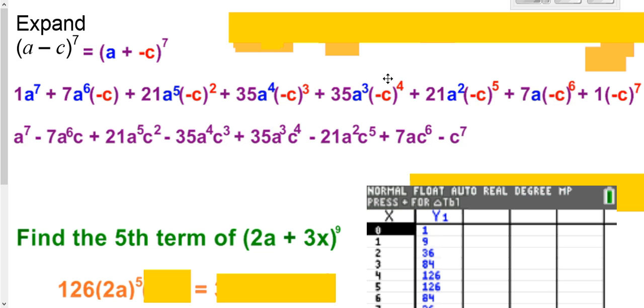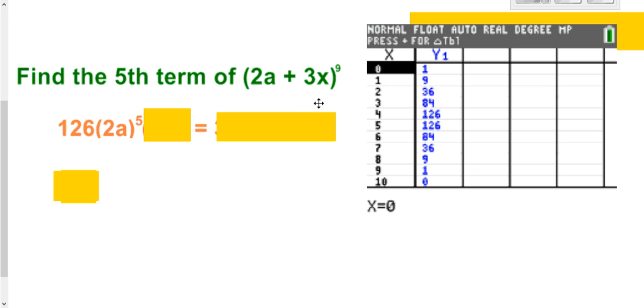When you're looking at any one term, your exponents always add together to give you the highest exponent that you started out with, which was 7. So down here, our exponent's 9. If this one's 5, the exponent on the 3x has to be 4, because these two exponents have to add together to give you 9.